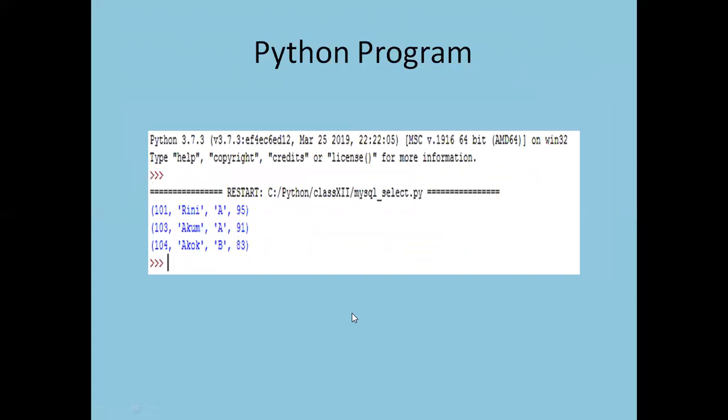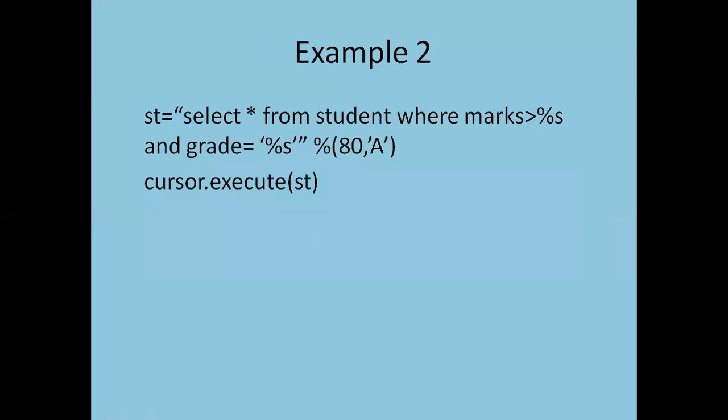And the output that you'll be seeing will be this one. In my table I have only 4 records. Out of that, the students who secure more than 80 marks are these students: 101, 103, and 104. So the only change that you have to make is in that particular line, by using %s and the particular values that you have to specify.